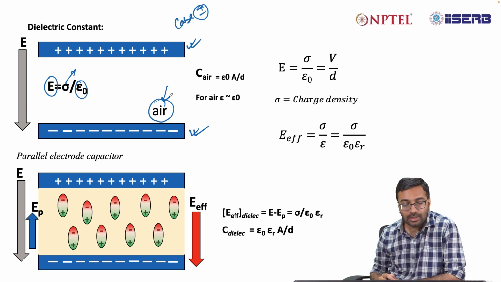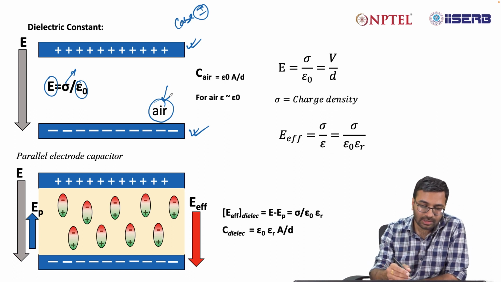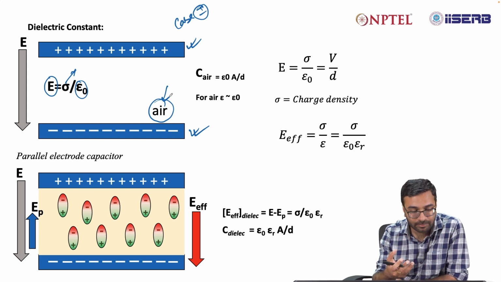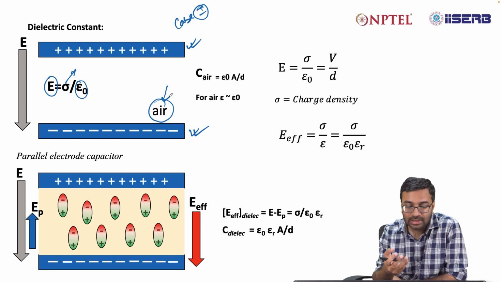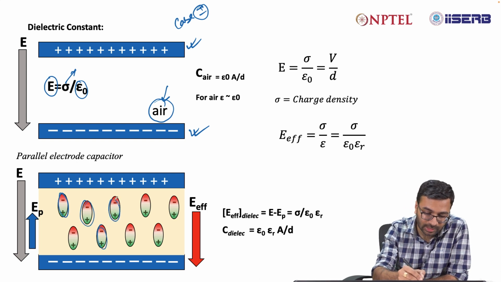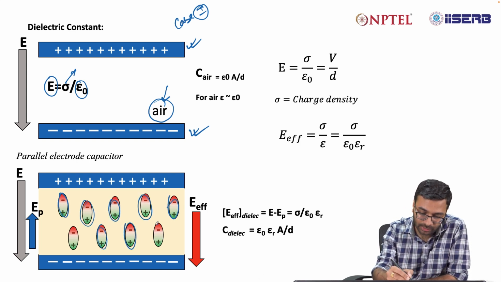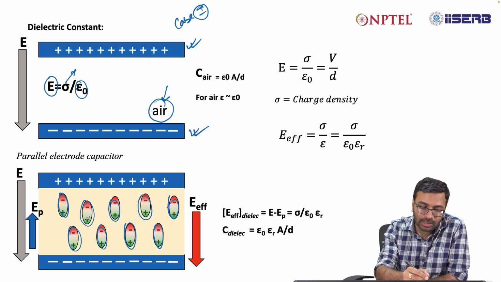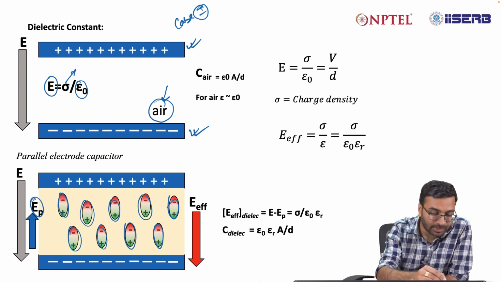Now, say you have replaced air with a new dielectric material. In that case, a lot of dipoles will be created because of the applied voltage, and these dipoles also will create an opposite electric field EP.